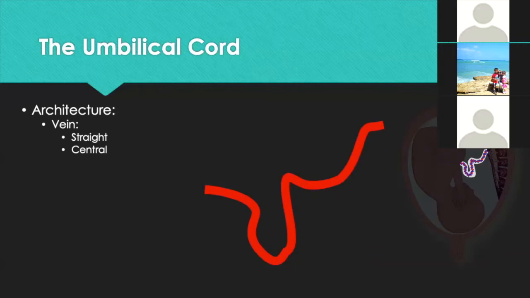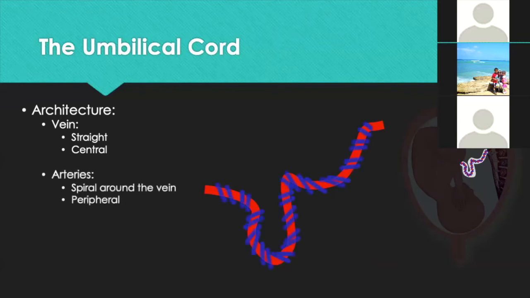If you have a straight vessel with low pressure, what can happen to it? It can get compressed, okay? That's a problem for design. So to make sure that the vein always remains patent, or is less likely to get squashed, the arteries are spiraling around the vein.